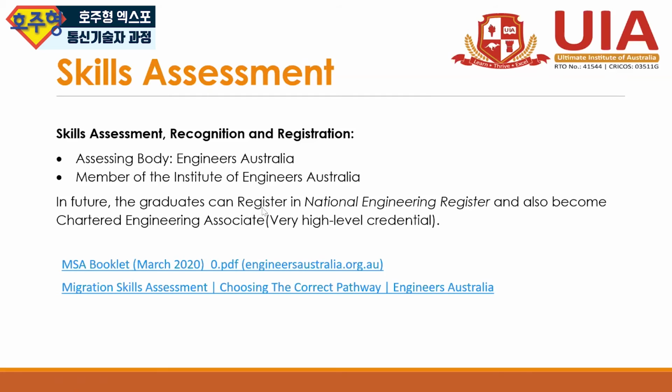You are also eligible for a chartered engineer certification, which is a very high level certification internationally. If you are moving to the UK, for example, you don't need to register your qualifications there if you become a chartered engineer.